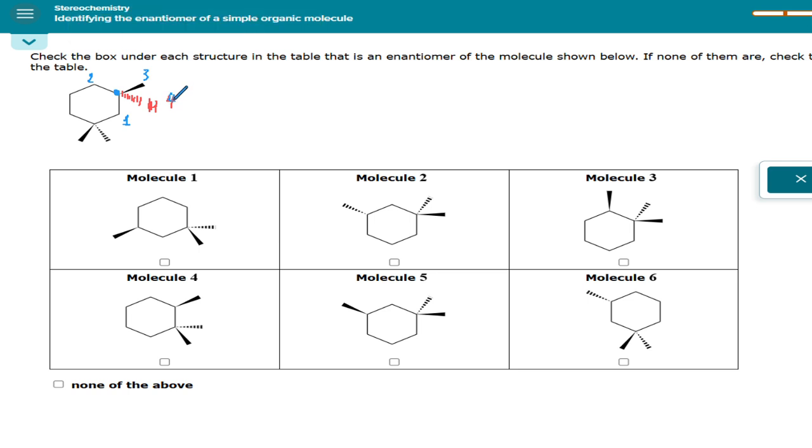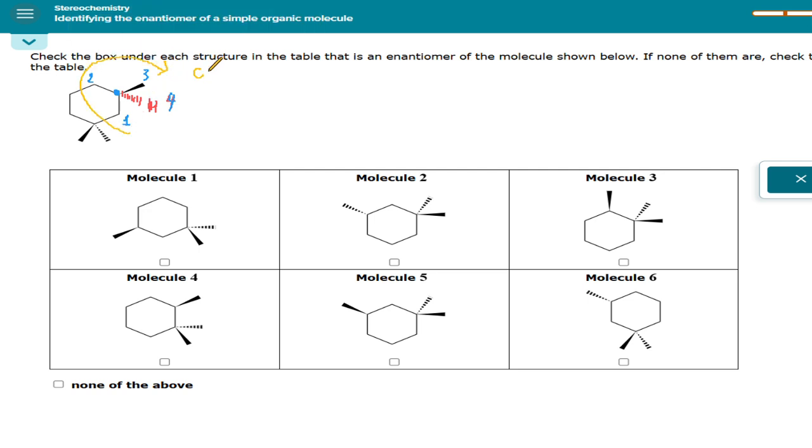Let me know if it makes sense so far. Yeah. All right, cool. So based on how one, two, three are going, one, two, three is going clockwise. It's going like this.